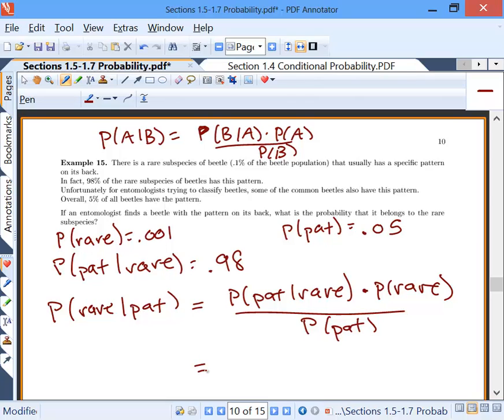Now we just plug everything in. The probability of pattern given rare is 0.98, the probability of rare is 0.001, and the probability of the pattern is 0.05.